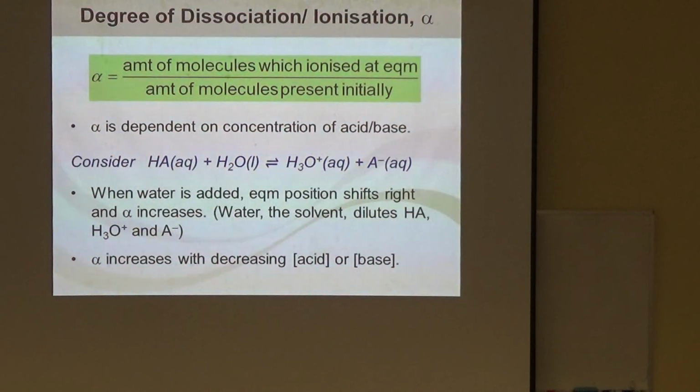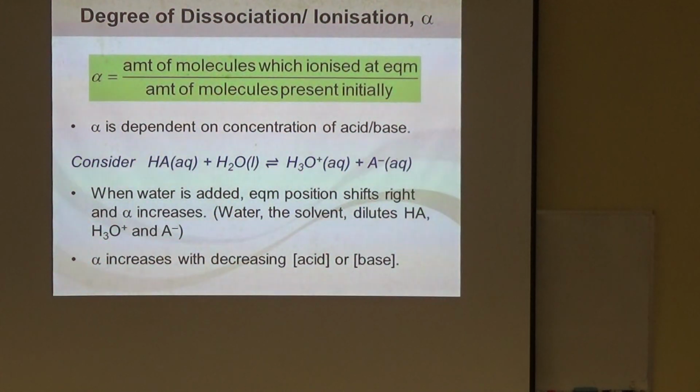So if you take a solution of weak acid and add in water, it will cause the position of the equilibrium to shift towards the right. In that process, the HA will dissociate to form H3O plus and A minus.